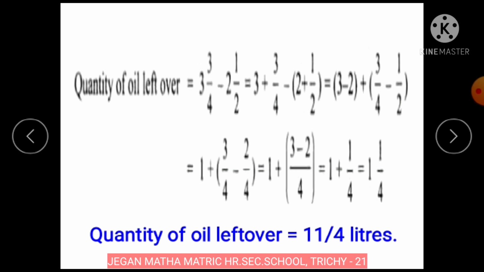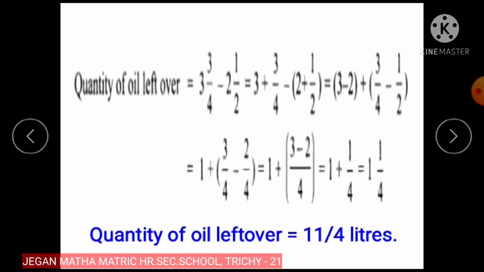So 3 by 4 stays as 3 by 4 and 1 by 2 becomes 2 by 4. Now the difference between numerators 3 and 2 is 1, so 1 by 4. So the whole number and proper fraction give the mixed fraction 1 1 by 4. So quantity of oil left over equal to 1 1 by 4 liters.